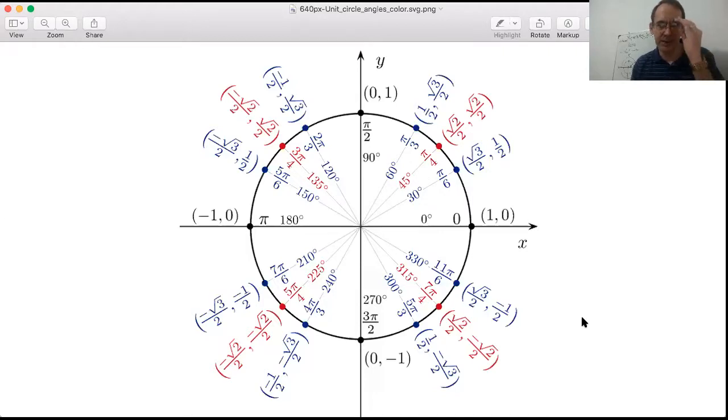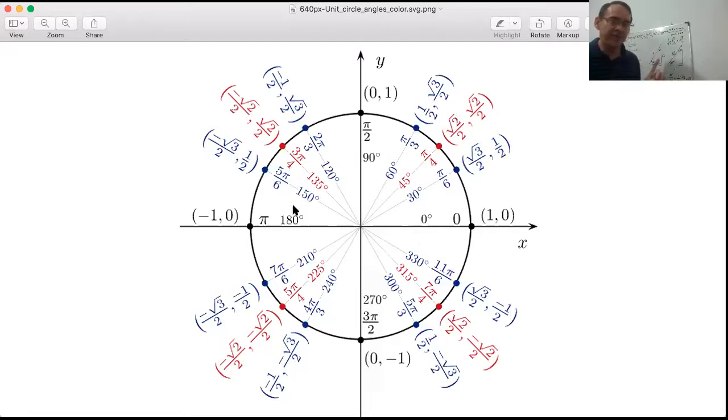Well, remember again your reference angle. The reference angle is the angle between your line and the nearest x-axis. So if you look over here at the 150, your nearest x-axis is the 180. And the difference between 180 and 150 is 30. So this is a 30-degree reference angle, meaning you can use the 30 degree on your special triangle.